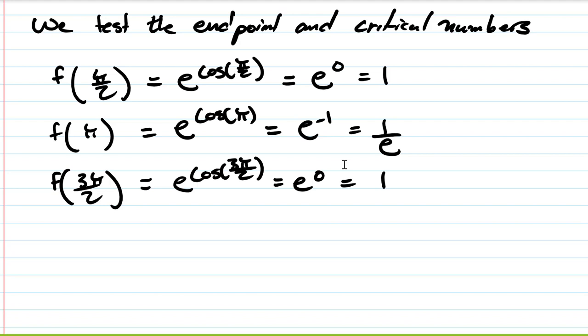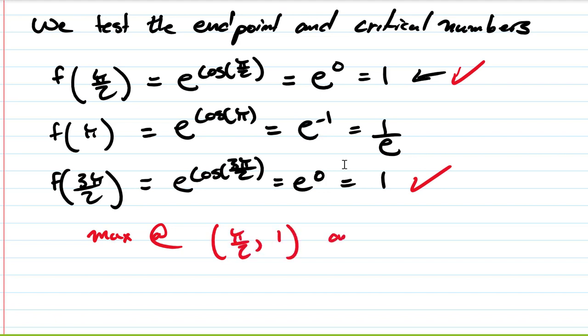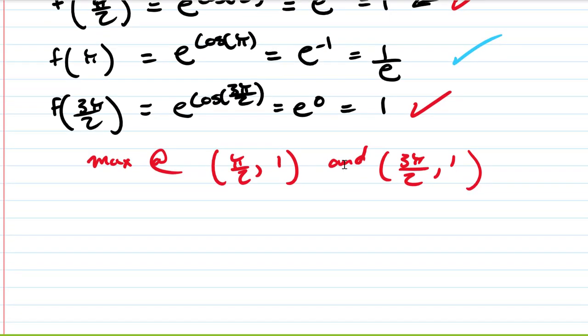So when we look at our values, 1 over e is less than 1. We're going to have a max at pi over 2 and 1, and 3 pi over 2 and 1, and we're going to have our min at pi and 1 over e.